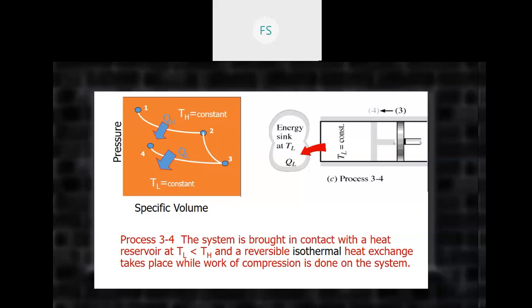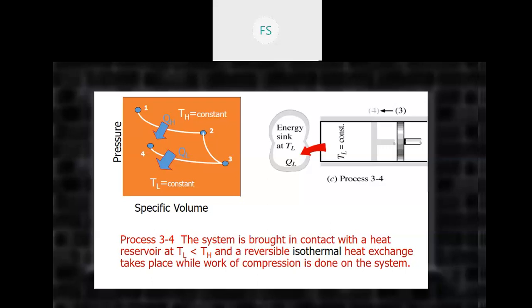Because during this process, the piston-cylinder device is no longer insulated, so heat is transferred out from the system to the environment. The piston starts to move inward, to the left side. During this process, the temperature is constant. Why is it constant, even though heat is transferred out of the system?